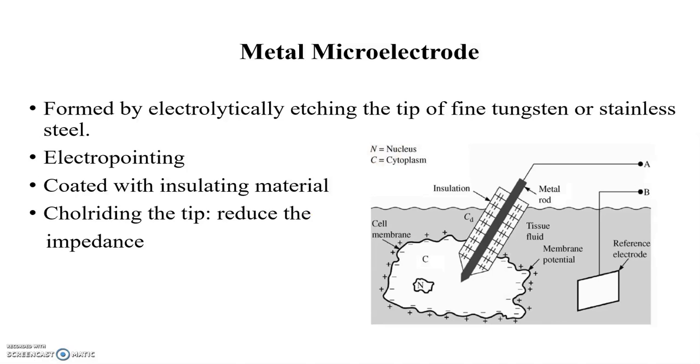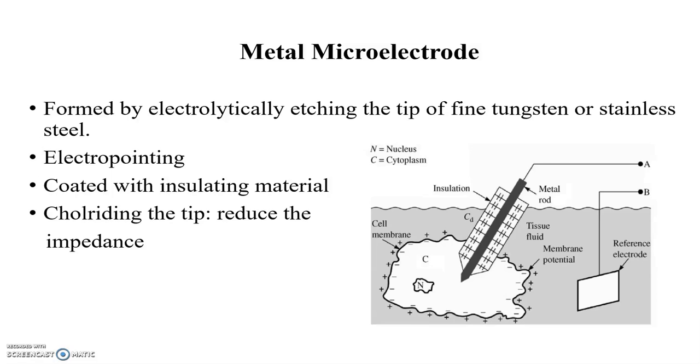This technique is known as electropointing. These electrodes are coated with insulating material. Suitable metals for these microelectrodes are stainless steel, platinum-iridium alloy and tungsten. Tungsten carbide is also used because of its great strength.